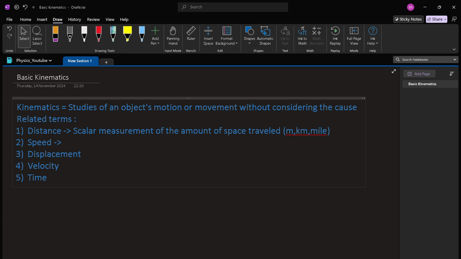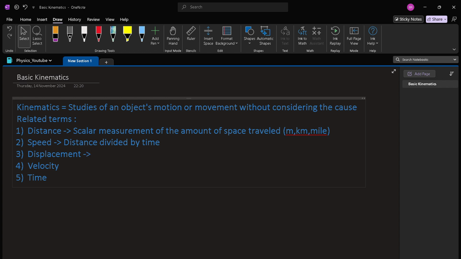Basically, it's a scalar measurement. Now speed is also a scalar measurement that we can obtain by calculating the distance divided by time.